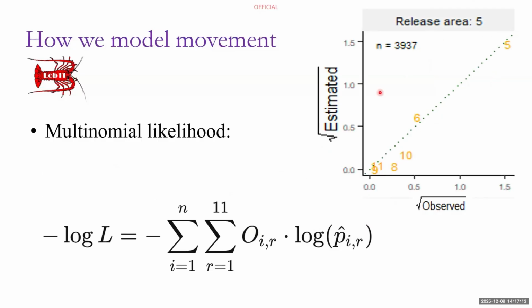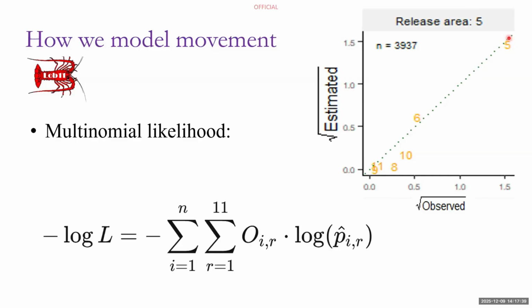This is sort of an example, I guess, of one of the diagnostics we use to look at how well the model's fitting. This is lobsters released in Area 5, which is in the middle of the fishery, shallow water area, and where the observed and estimated recaptures have occurred. You can see the majority of the animals have been recaptured in Area 5.